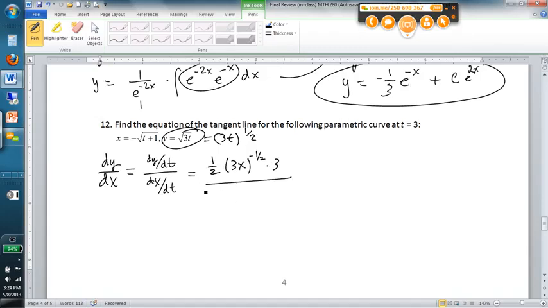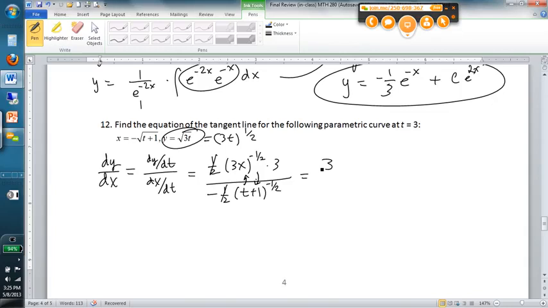Then the bottom, the derivative of the x, is that minus the square root of t plus 1? Okay. So that would be minus (t plus 1) to the 1/2, so it would be -1/2 (t plus 1) to the -1/2. Derivative of the inside is 1. Good news there is the 1/2s cancel. And what I'm going to do is, these are just going to flip-flop, aren't they? This one's going to go up and that one's going to go down.